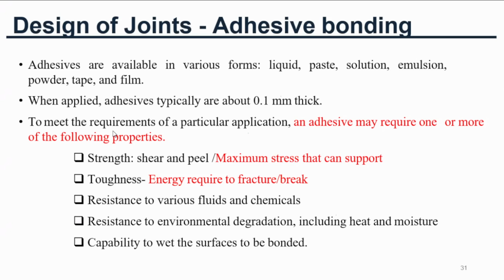So here you can see some required properties of adhesives to meet specific application requirements. Adhesive must possess one or more of the following properties. First one is strength. Strength means the ability to support maximum shear and peel strength without failure.